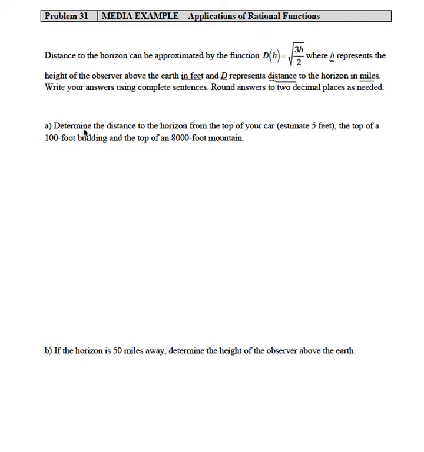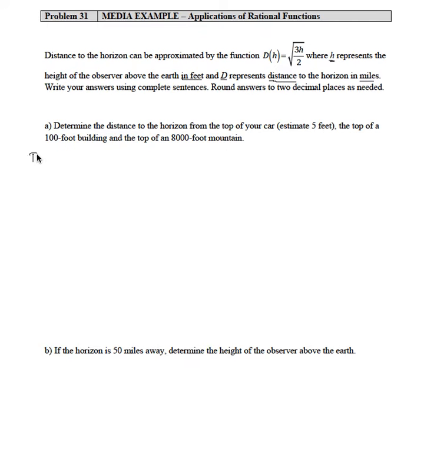So for part A, determine the distance to the horizon from the top of your car, estimate 5 feet, the top of a 100-foot building, and the top of an 8,000-foot mountain. So let's do the car first.